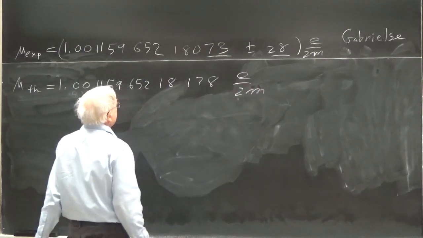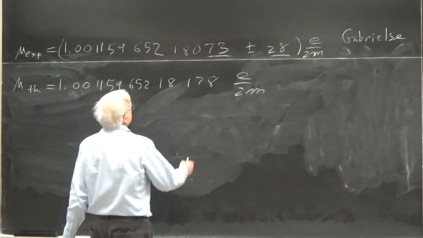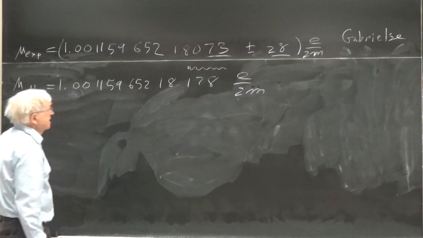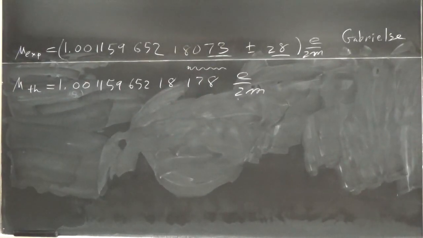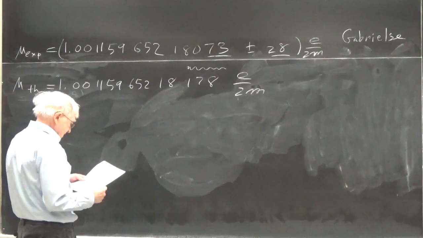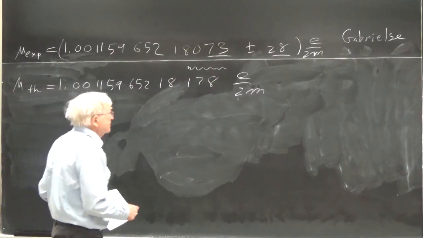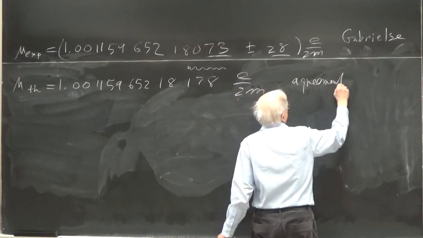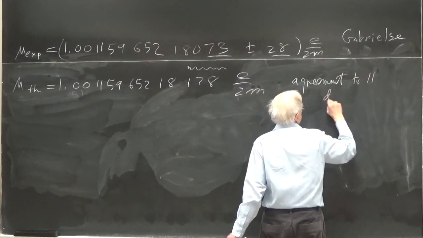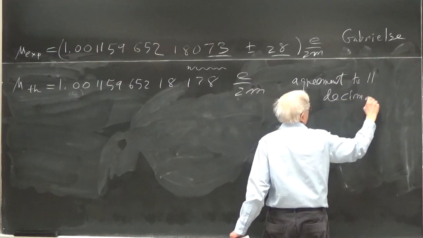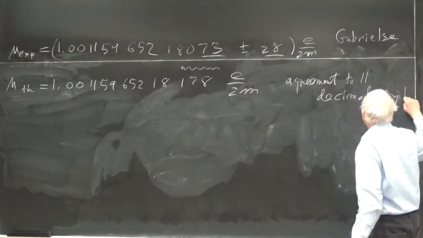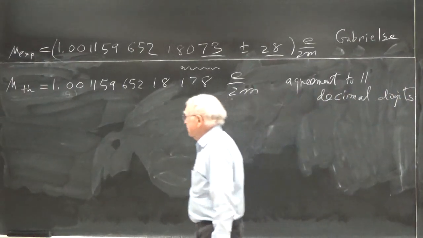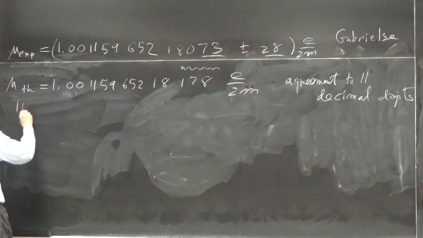So you see, the error here is in these last three digits. But there's agreement to 11 decimal digits. He's the one that was doing, you said, up to 10 loop corrections? Right, this Kinoshita has done 10 loops.